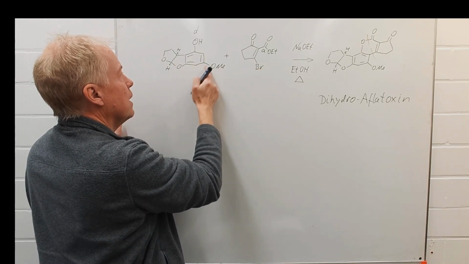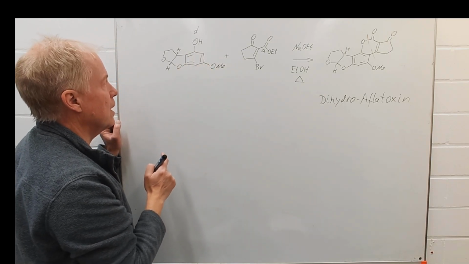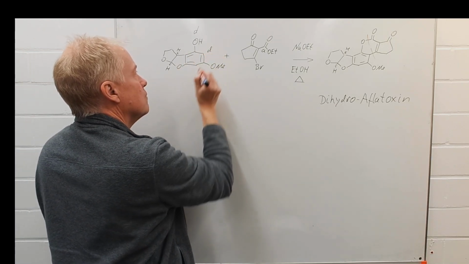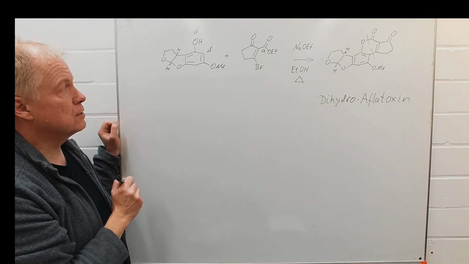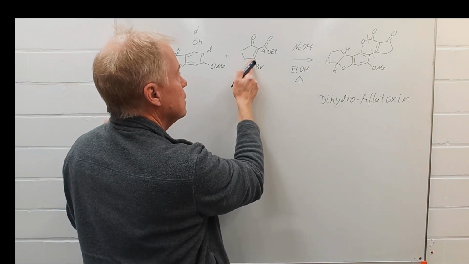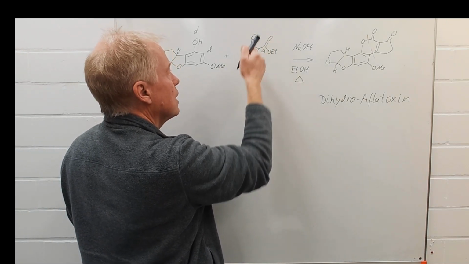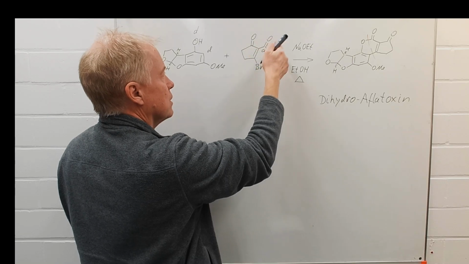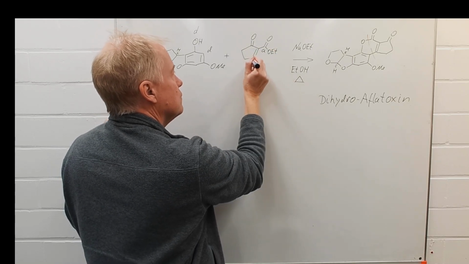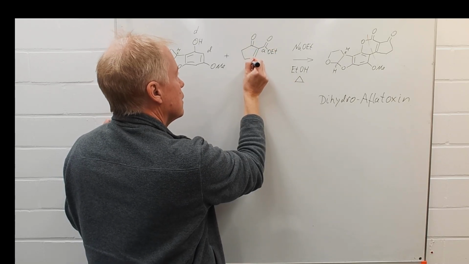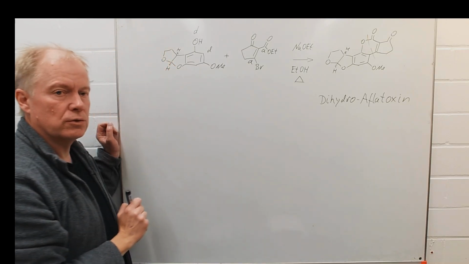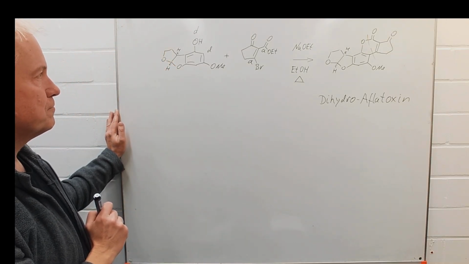Here it is an electron-rich aromatic system that also has donor reactivity. And here, beta to two carbonyls, an alpha-beta unsaturated compound, we have an acceptor reactivity also at this position.